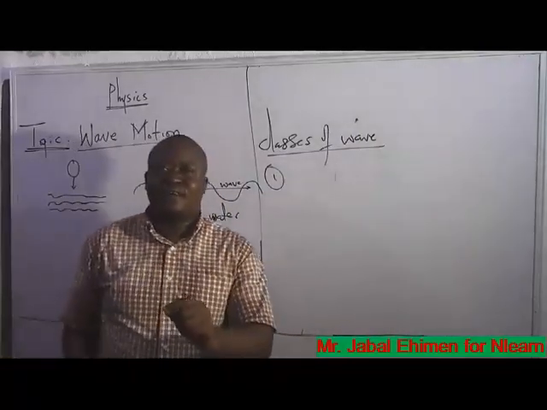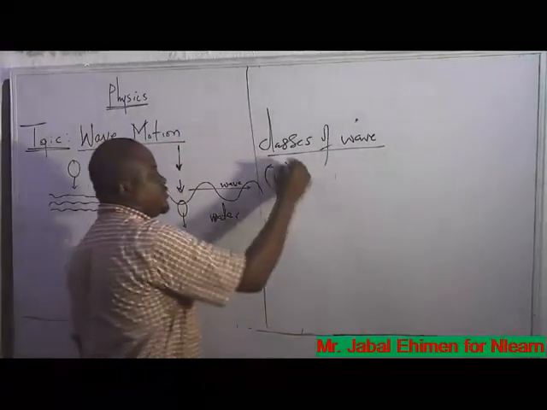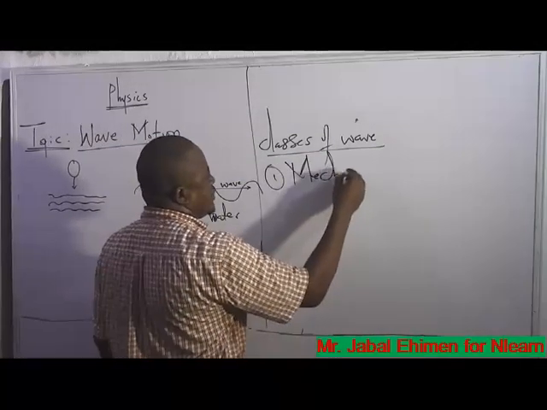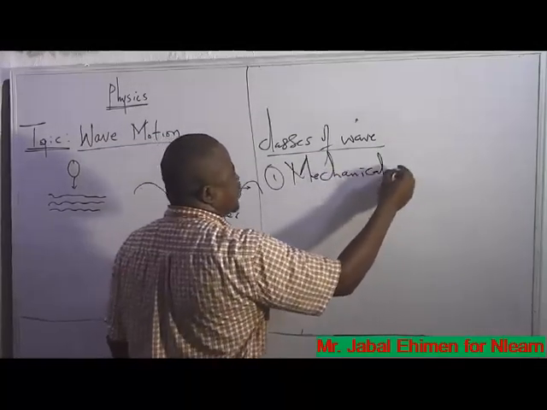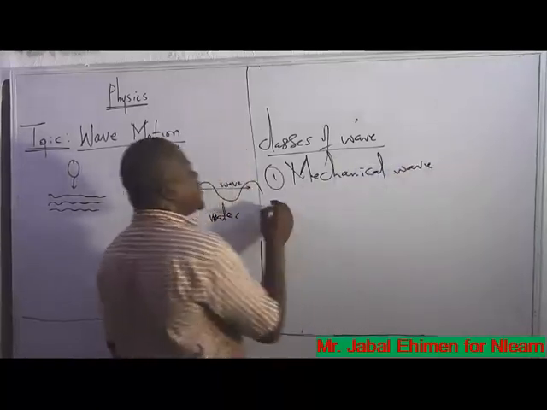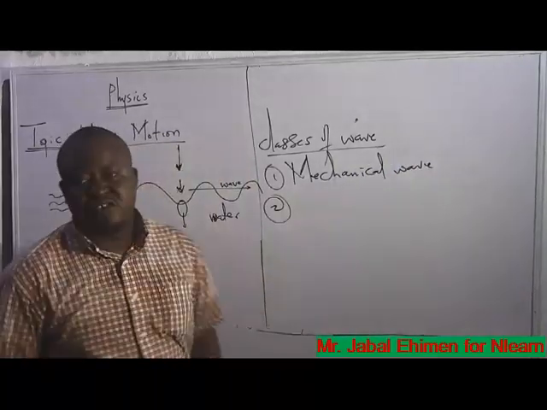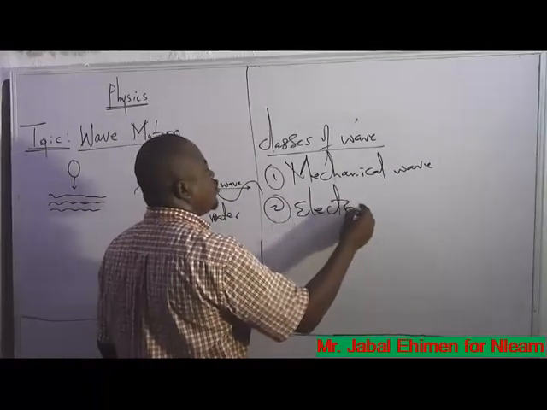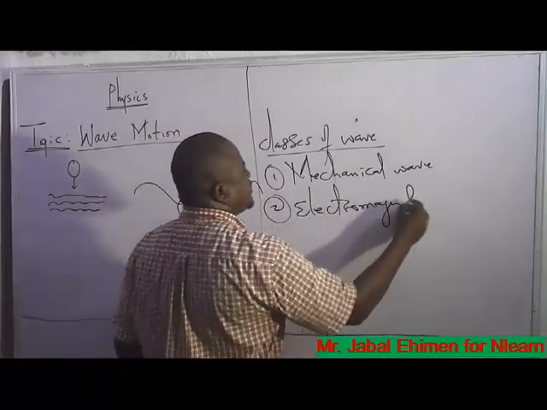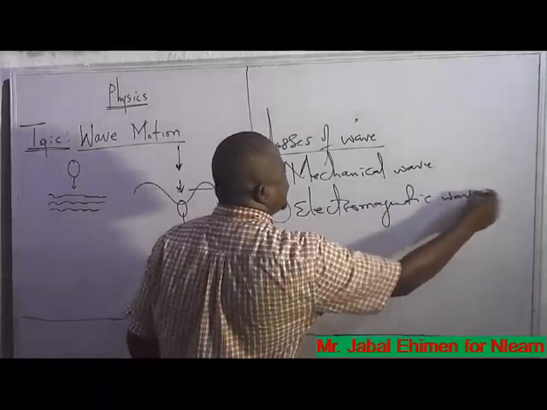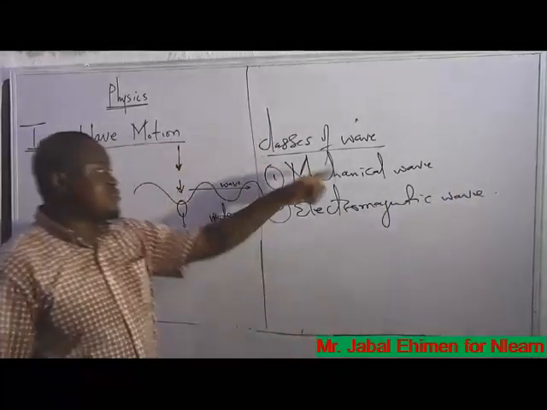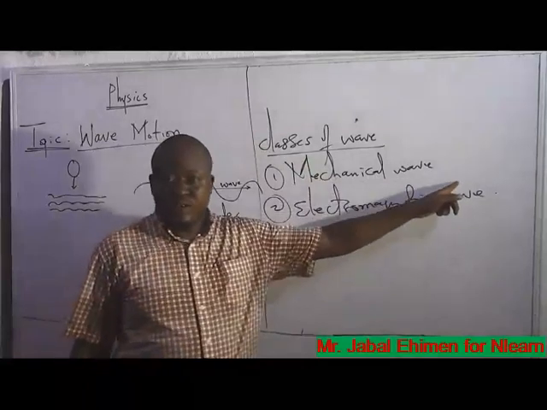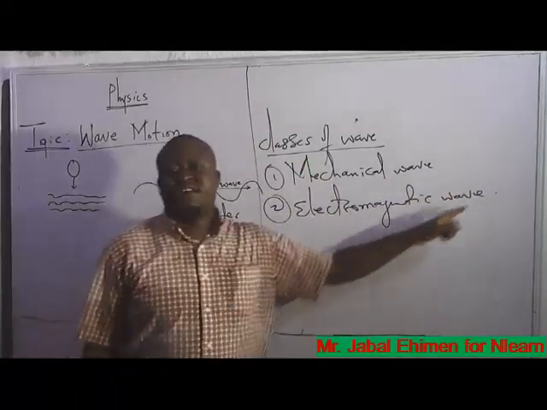It's called mechanical wave. That's the first one. The second one is what they call electromagnetic wave. So the 2 classes of waves are mechanical wave and electromagnetic wave.